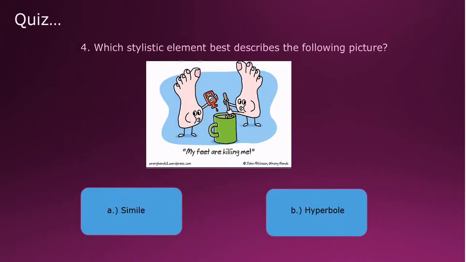Number 4. Which stylistic element best describes the following picture? My feet are killing me. Is it A, simile, or is it B, hyperbole? If you chose B, hyperbole, you are correct.